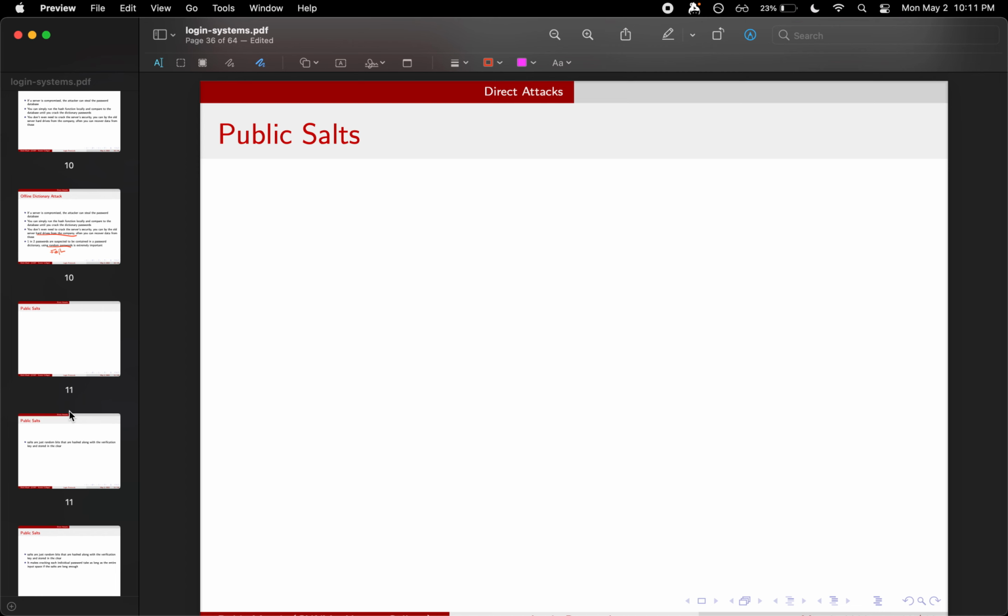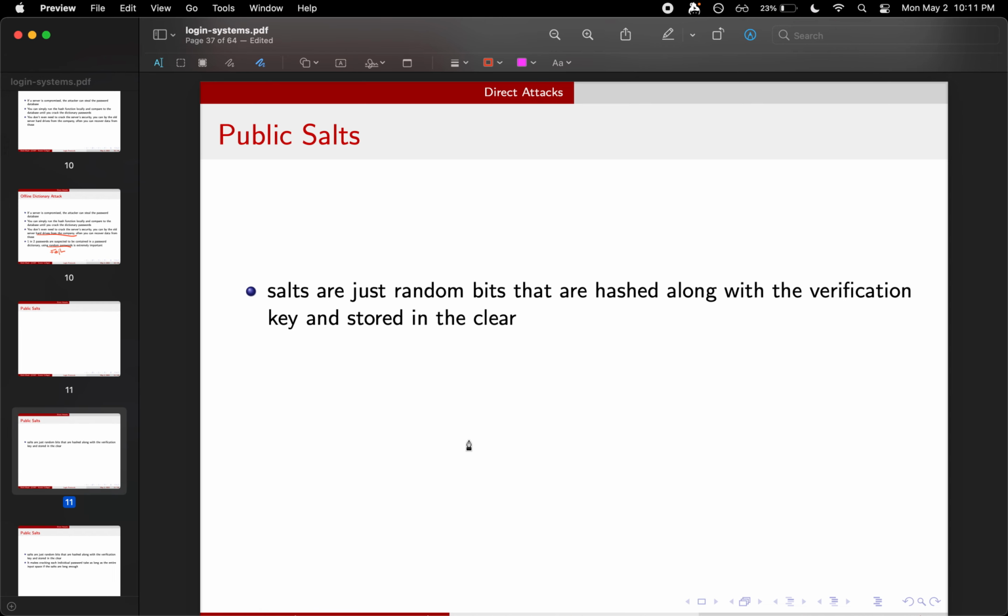This should hopefully feel like a familiar cryptographic concept, right? The idea of adding randomness to something to give it security is very common in cryptography. So salts are just random bits of information that are hashed along with the verification key and stored in the clear.